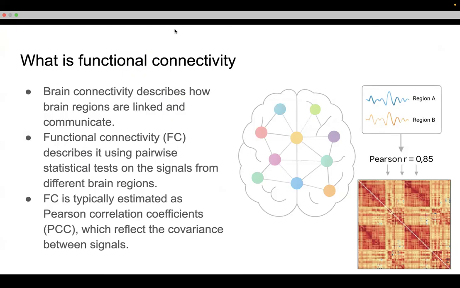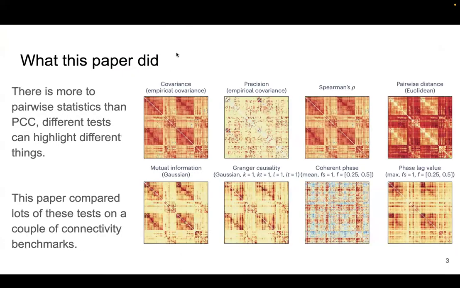Usually, from what I saw, people are using Pearson correlation coefficients, which are based on the covariance estimation between two different signals. But Pearson correlation and covariance isn't the only way you can compare your signals.